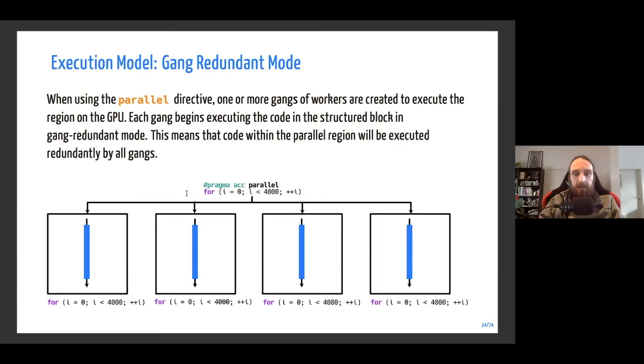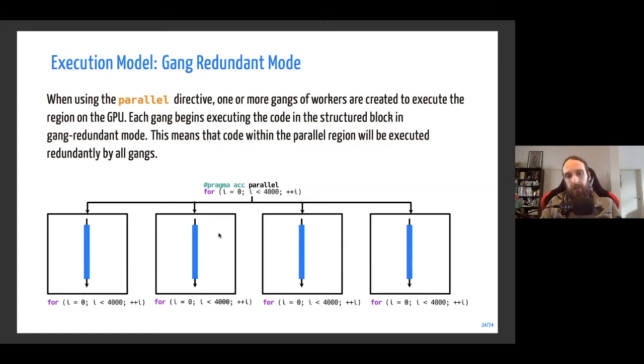The execution model of OpenACC is slightly different from the one of OpenMP. First, you have the parallel construct, and the parallel construct says, okay, you should offload the execution and create gangs. So the teams that you have in OpenMP are called gangs in OpenACC. Each gang will contain one worker.